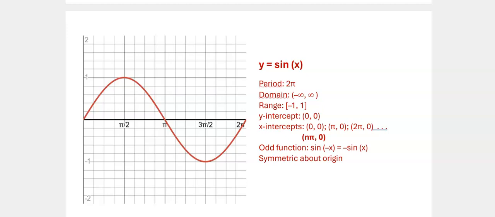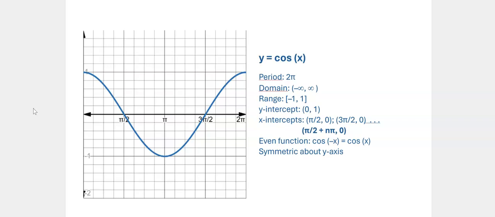The amplitude is how high it goes from its midpoint to the maximum, or how low it goes from the midpoint to the minimum. So the amplitude of the basic sine function is 1, because the midline is at 0, or the x-axis, and the highest point it reaches is the 1 up here, and the lowest point it reaches is -1, and that's a distance of 1 from the midpoint. So its amplitude, or how high or low it goes, is 1.